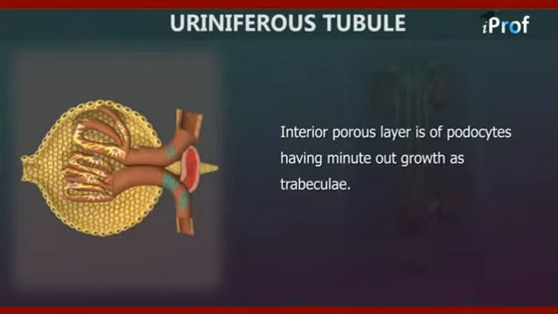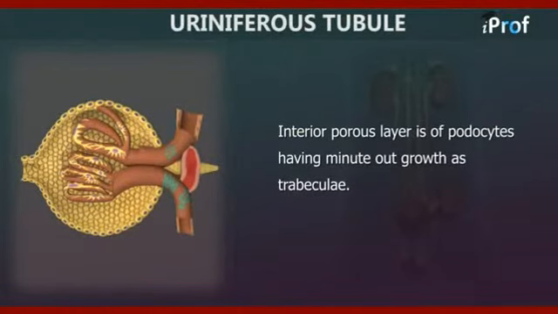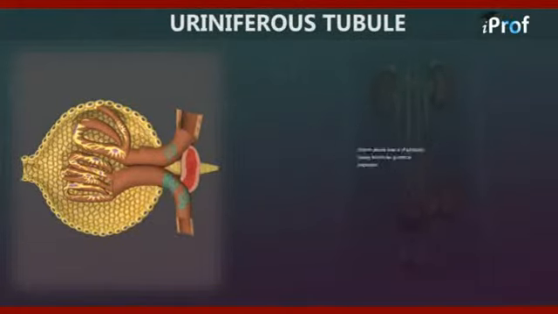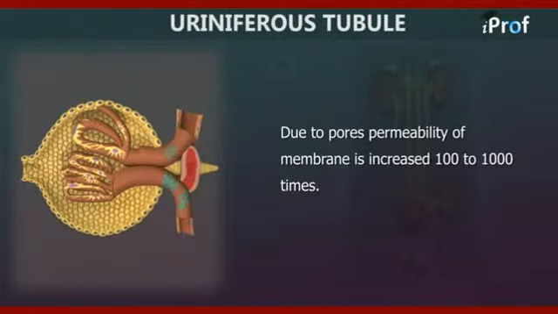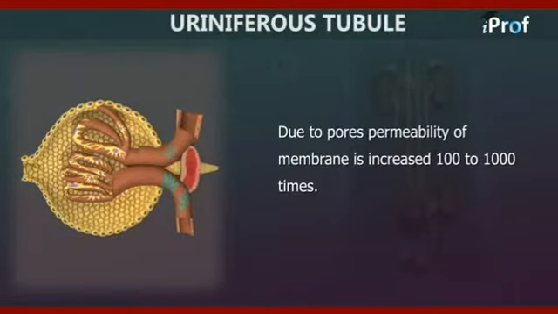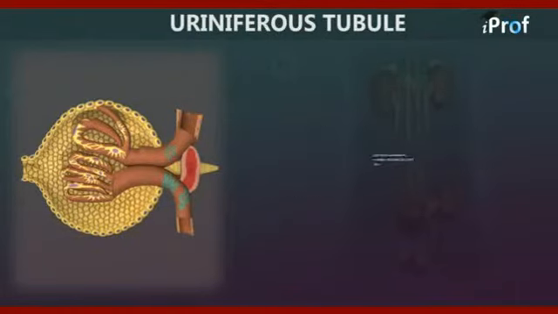Interior porous layer is of podocytes having minute outgrowth as trabeculae. Due to pores, permeability of membrane is increased 100 to 1000 times.